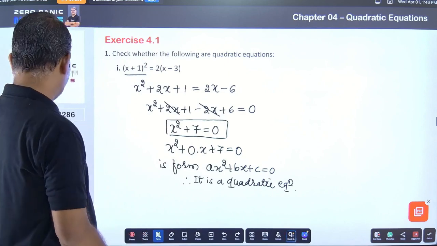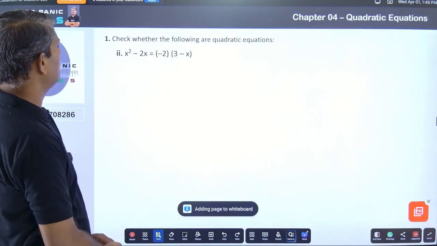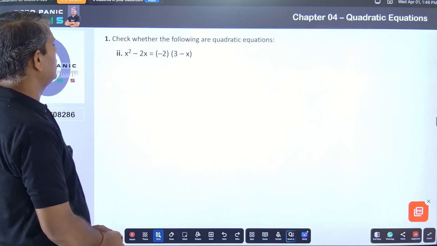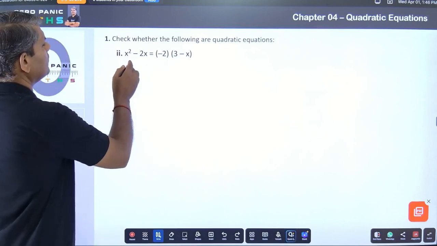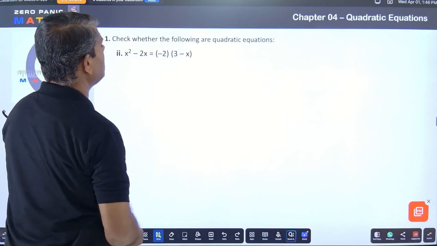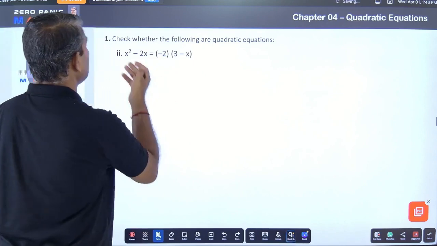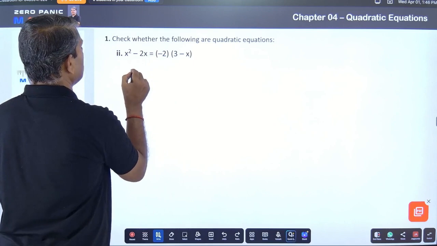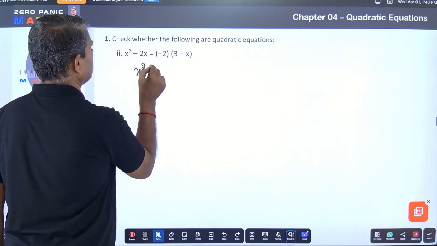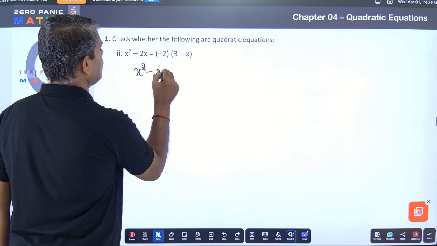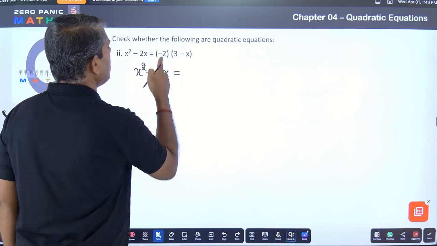Let us see what is given in the second problem. There is nothing that I can directly convert with algebraic equations, so let us resolve this. Let us not waste any time. x square minus 2x is equal to minus 2.